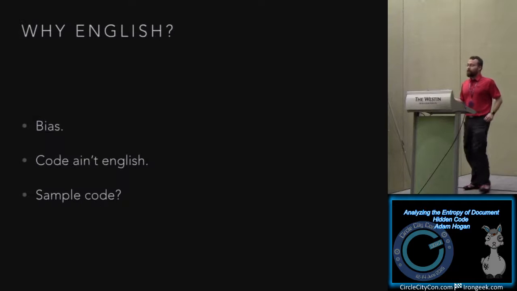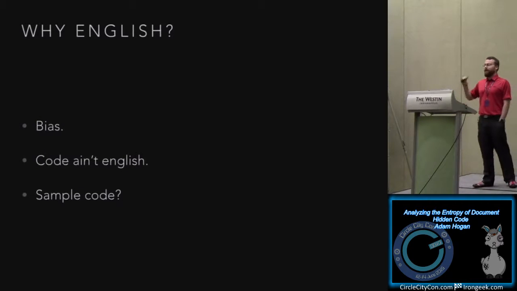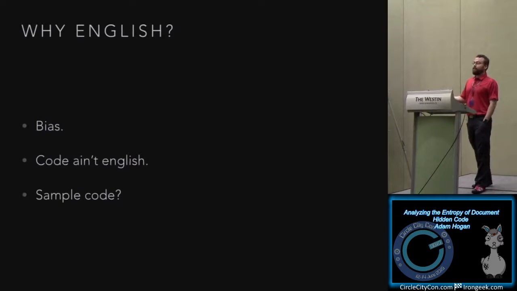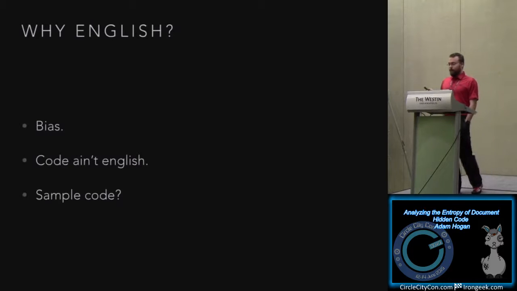But also, I've been talking this entire time about measuring the entropy and character frequency of the English language. First of all, code is in English, and by the way, not all the people writing malware speak English. In fact, since I was working through all these Word documents, a lot of them are Russian.